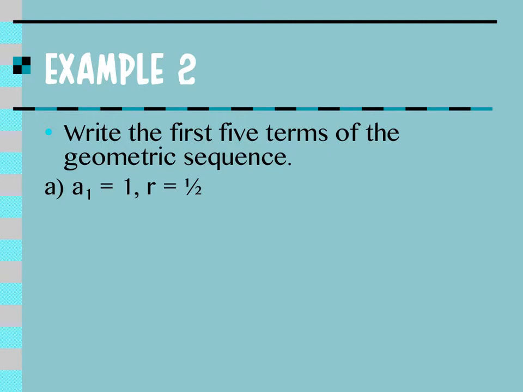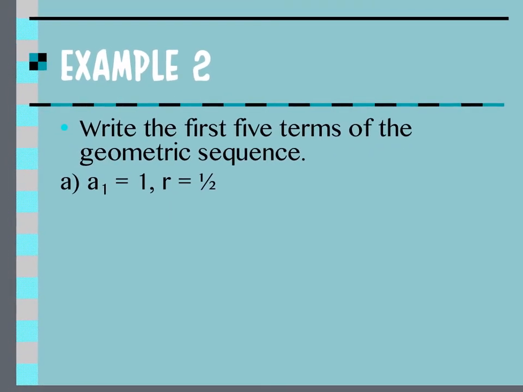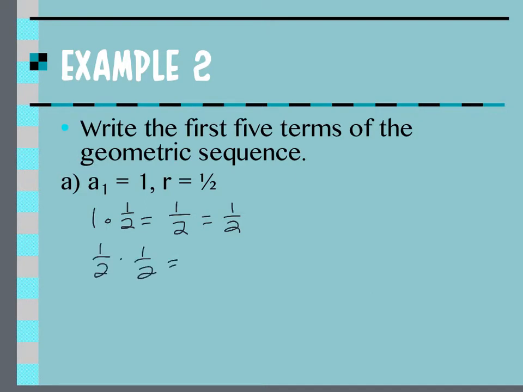Okay, example 2 says write the first 5 terms of the geometric sequence. So again, if we compare this to arithmetic, with arithmetic, we would add d on every time, right? What would you do with geometric? Multiply. So you're going to take 1, multiply it times 1/2, and I get 1/2. That's a sub 2. Then 1/2 times 1/2, 1/4.